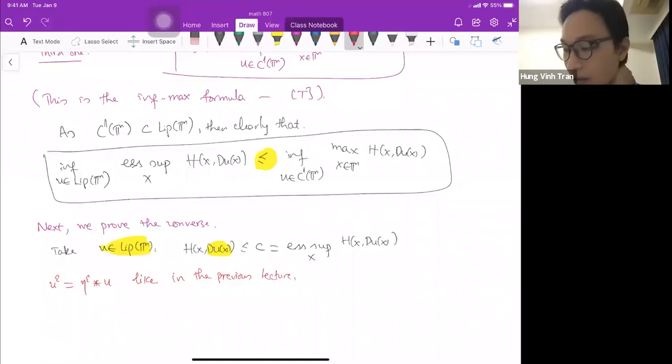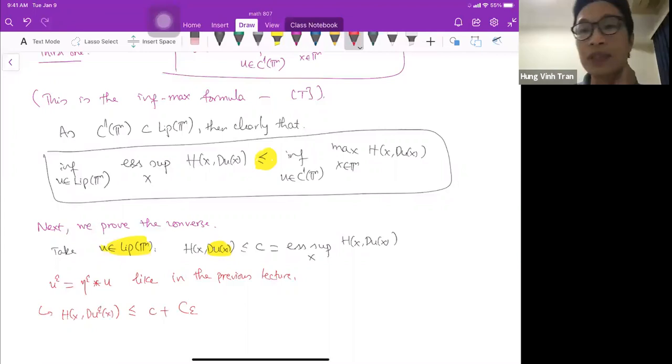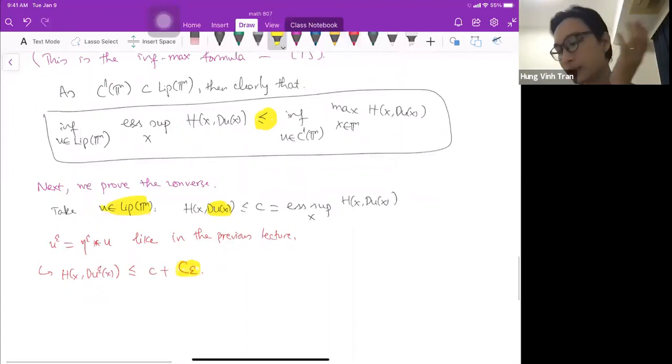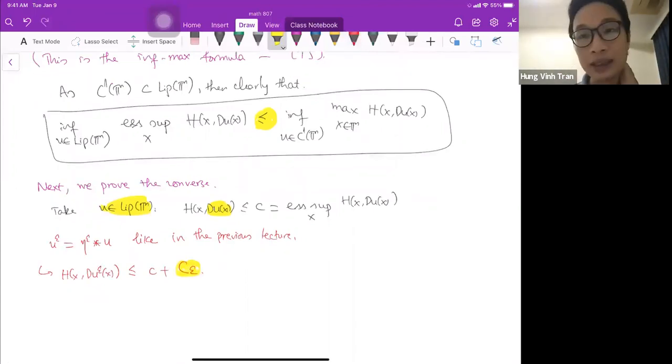If you define so, then you can see that exactly based upon our calculations, we have h of x, du epsilon x is going to be less than or equal to c plus c times epsilon. So you pay an additional price, but you are there, right? So h of x, du epsilon is just less than or equal to c plus c epsilon. And if you let epsilon go to 0, you're fine, right? So that means that we are done.